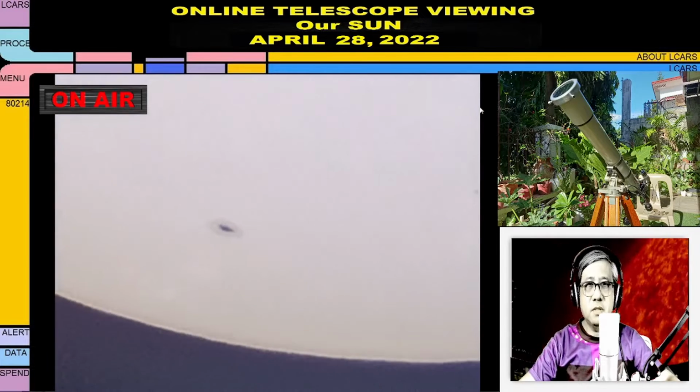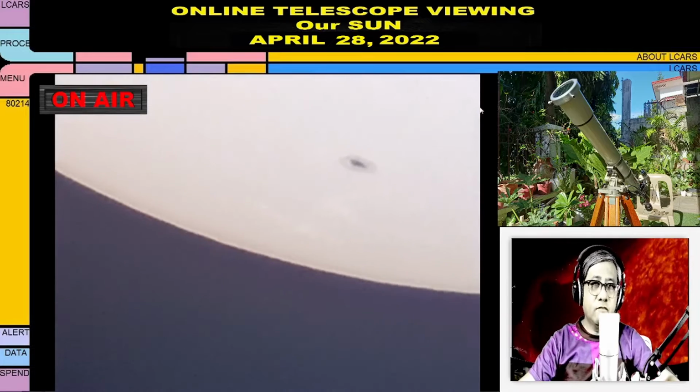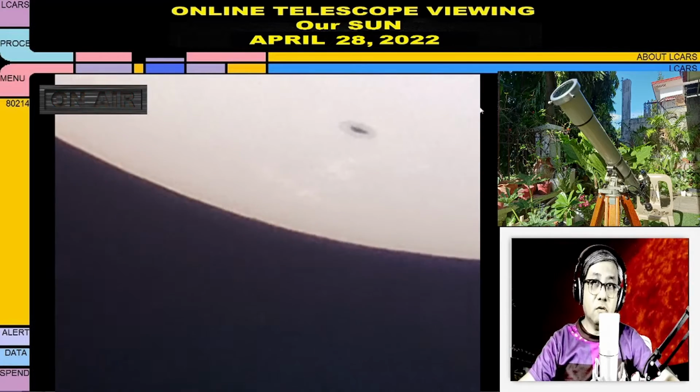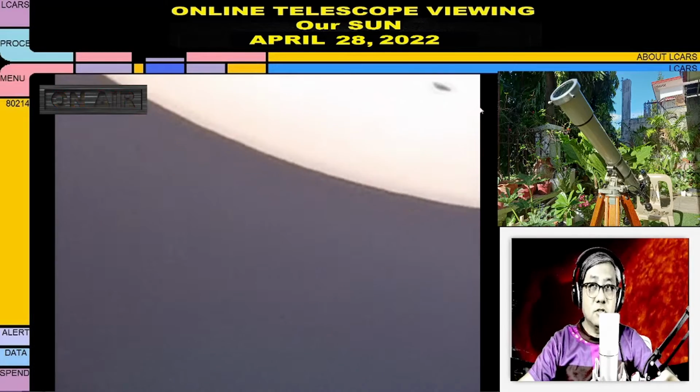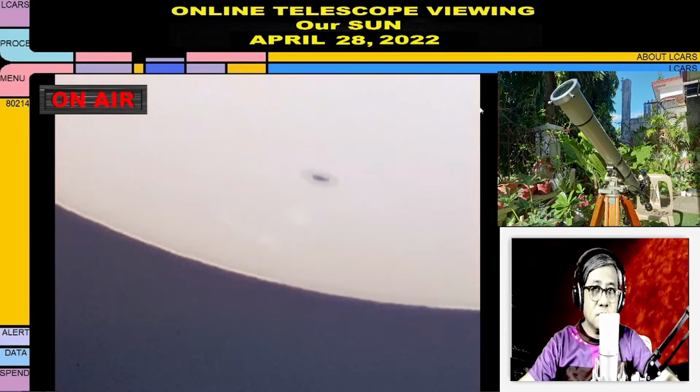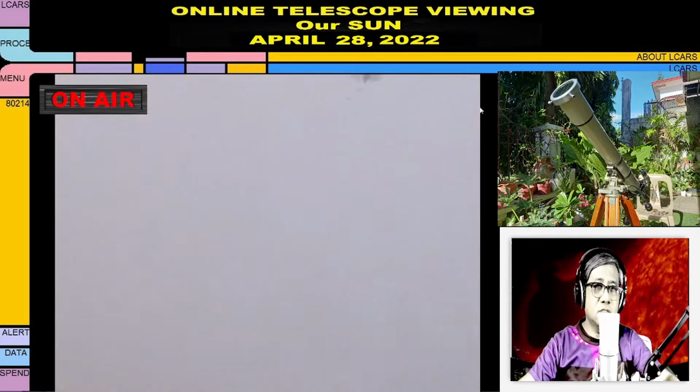Ganyan po yung mga sunspots. Alright, the average number of spots visible on the face of the sun is not constant, no? But varies in yung solar cycle. So ngayon po talagang maaasahan natin na talagang dadami yung sunspots kasi nasa solar max na po tayo.